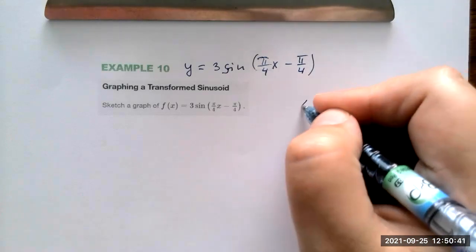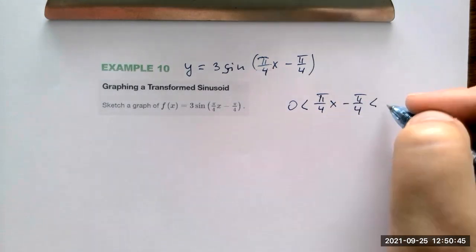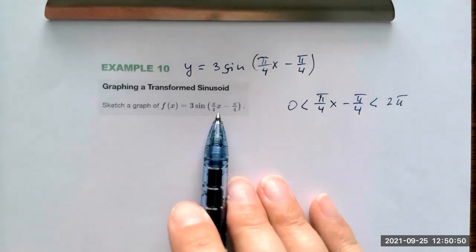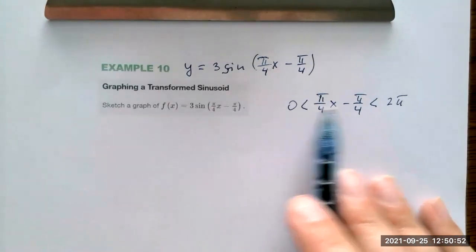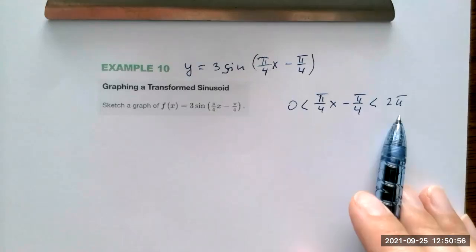So we're going to set up a three-way inequality like that. So the inside segment of the function is between 0 and 2 pi. And then solve this inequality simultaneously.